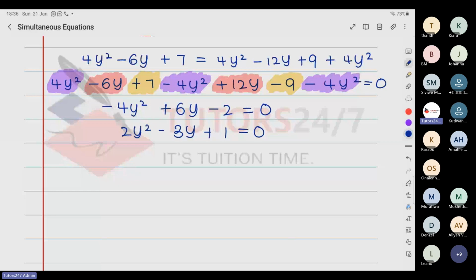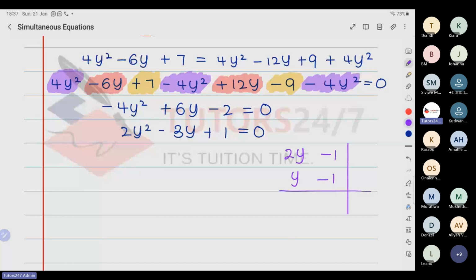Now, from here, we need to factorize this trinomial. We know that the factors of 2y squared are 2y and y. We know that the factors of +1 are -1 and -1, or +1 and +1. But if you notice, the middle term is negative. So I'm going to go with the negative factors. That's -1 and -1.